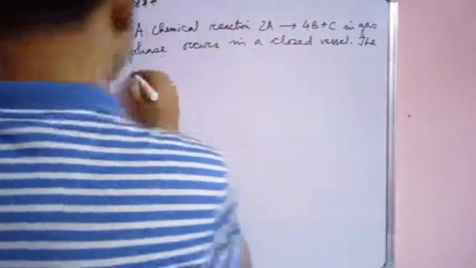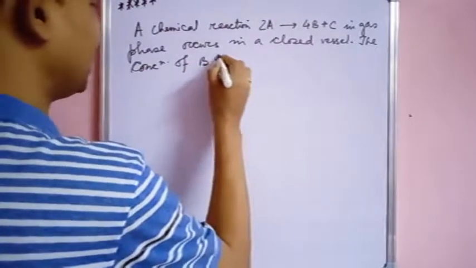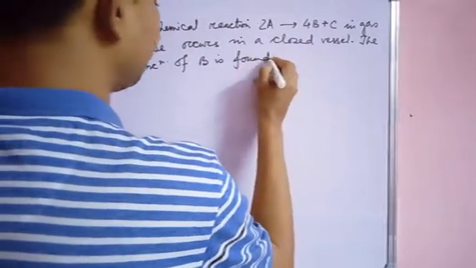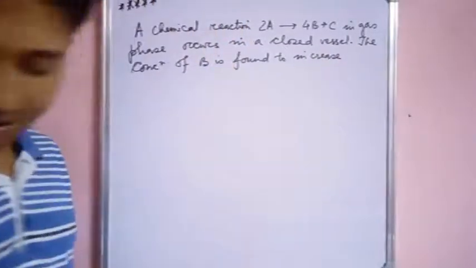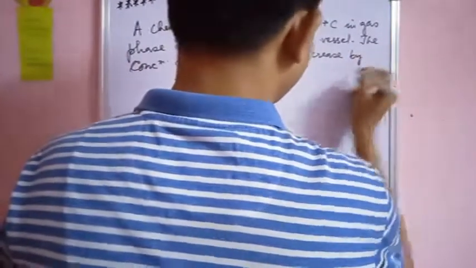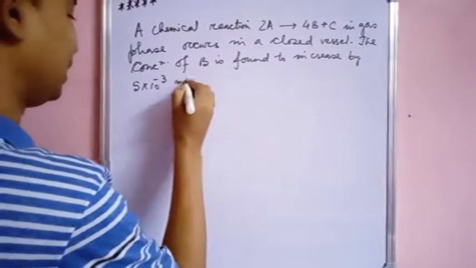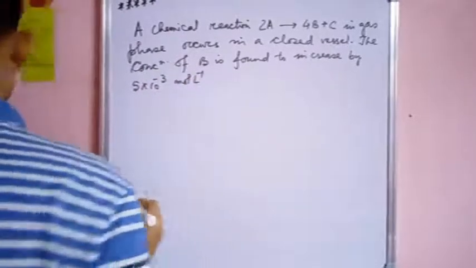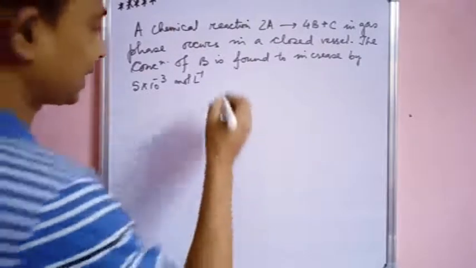Now the concentration of B is found to increase by 5 into 10 to the power minus 3 mole per liter in 10 seconds.